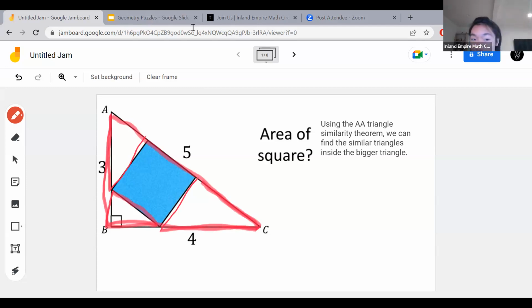Again, feel free to unmute or just let me know in the chat. And also, if I'm going too fast or too slow, or you guys need something explained again, just let me know. So any ideas? Okay, I guess not. It's okay. So let's take a look here at this triangle.